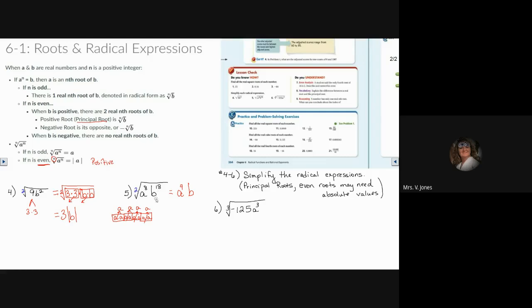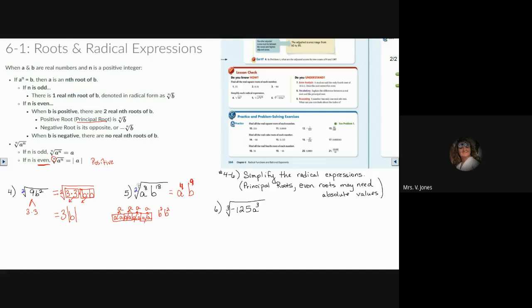Kind of keep track that for every 2 b's, you pull one out. So if you have b squared, you get 2 of them, comes out as 1. Another b squared comes out as another one. You keep going till you have 18 of them. So that ends up being 9. So this first one here is a 4, and that's a 9.